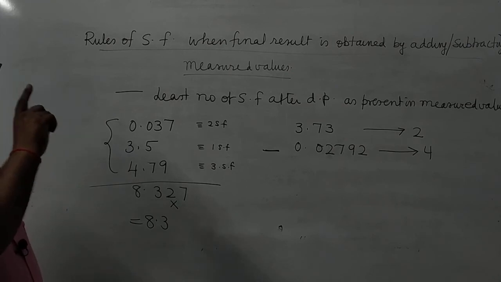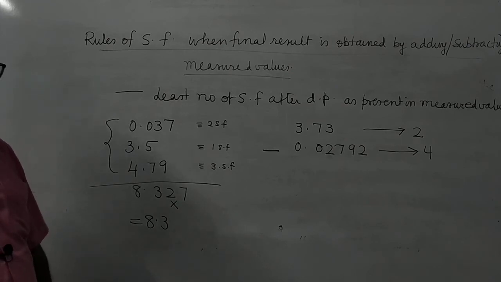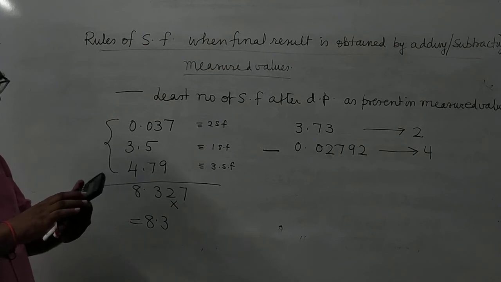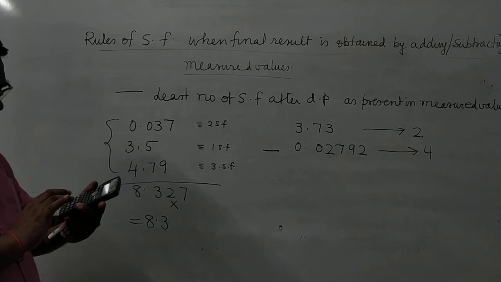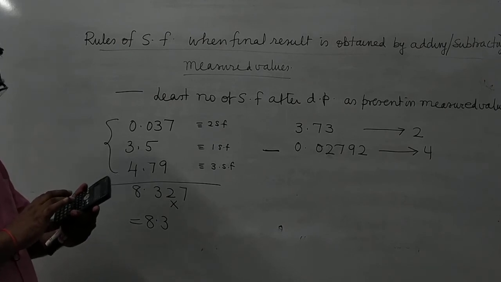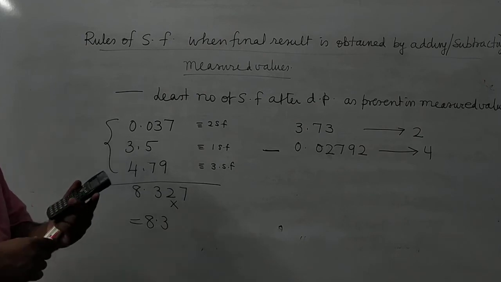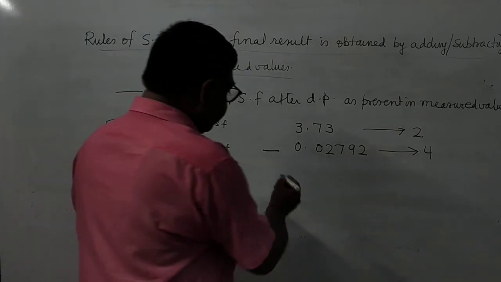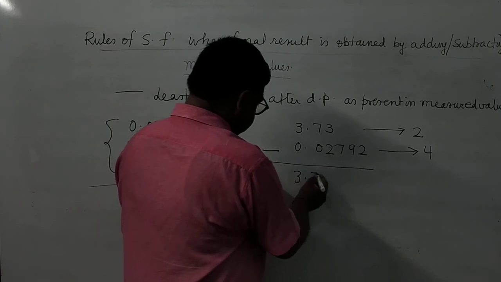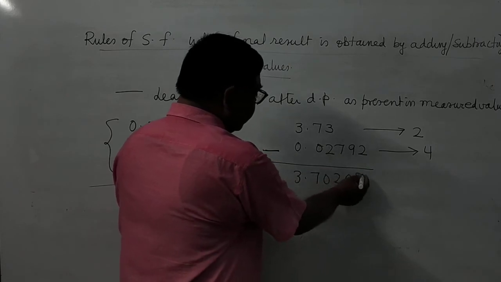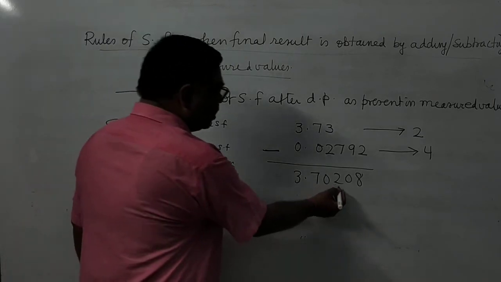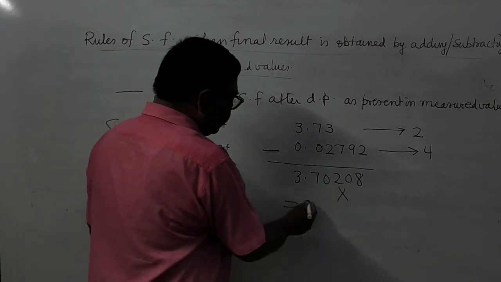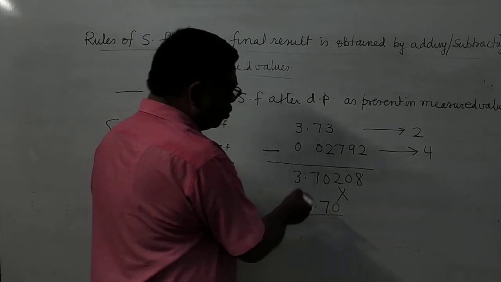We keep the least number of significant figures after the decimal point, so we will keep 2. First you subtract 3.73 minus 0.02792. On subtracting, it comes out 3.70208. Now you have to keep only two significant figures after the decimal point. The digits to be dropped are these, so it will be equal to 3.70. It's clear?